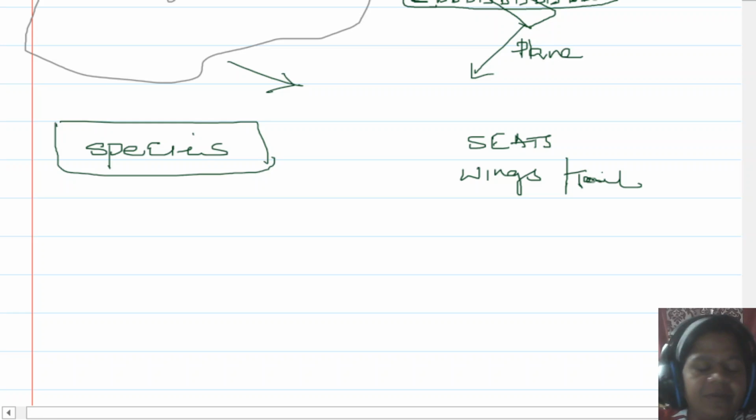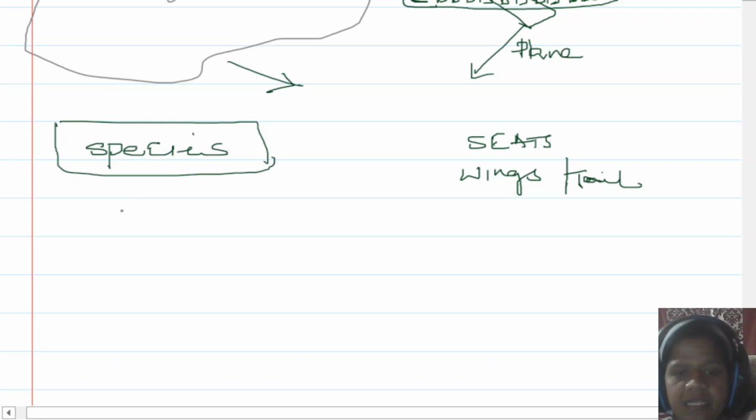So let's see what the comparison is all about. It's a functional ecosystem, it is self sustaining, and all the species interact with each other and live happily. And here we see a plane flying normally.